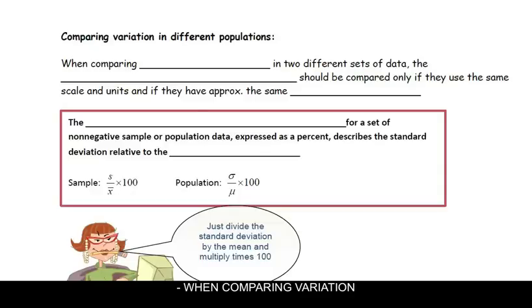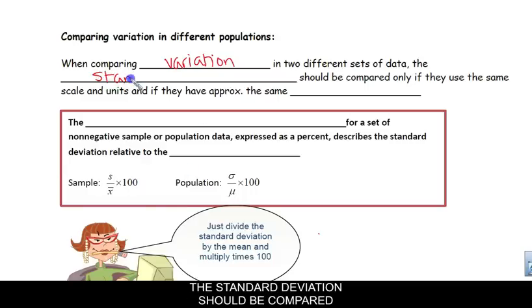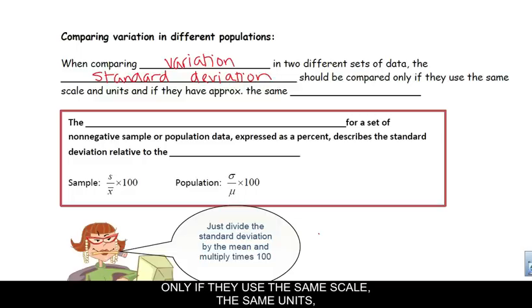When comparing variation, or spread, in two different populations, the standard deviation should be compared only if they use the same scale, the same units, and they have approximately the same mean.